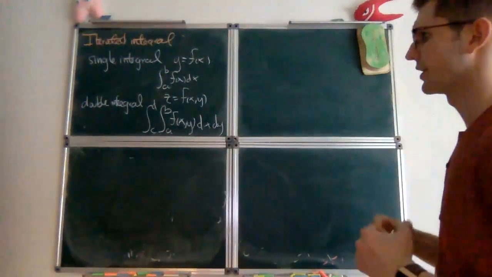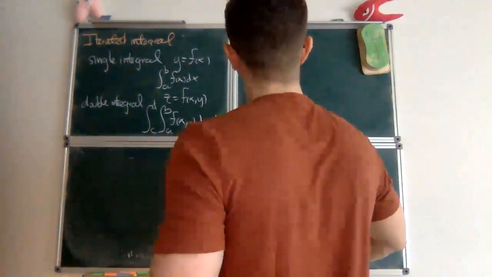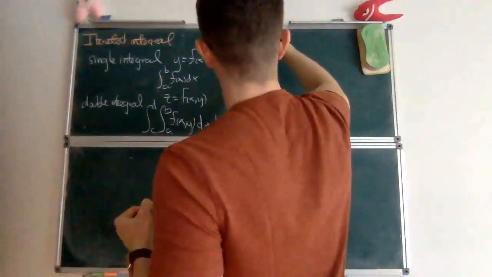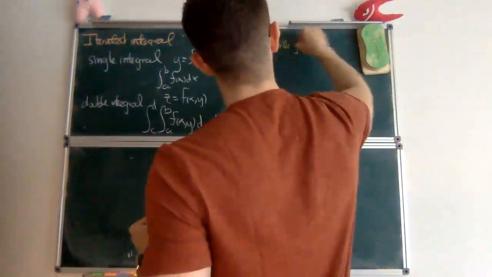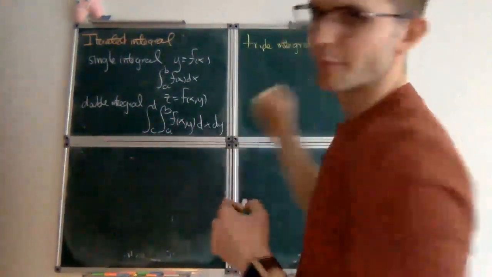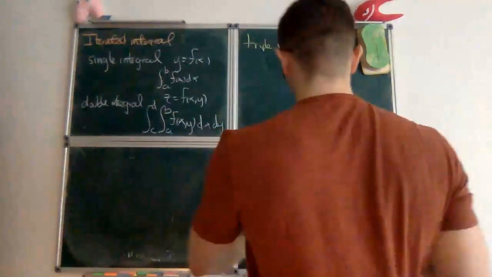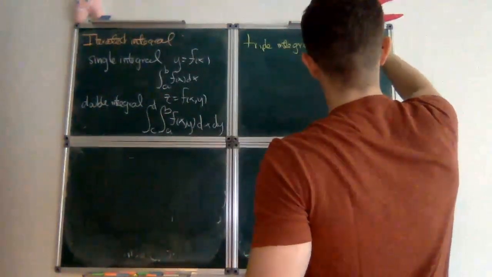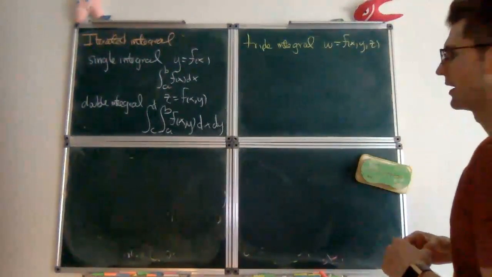And then, as you can imagine, for a triple integral, right, so y, z, we run out of letters, so we go back to w. So you would write something like w equals f of x, y, z, right?